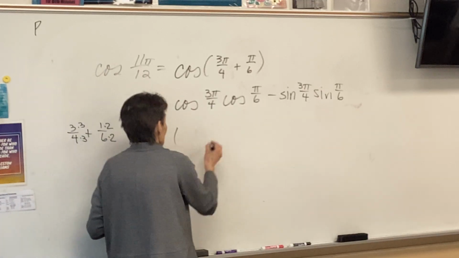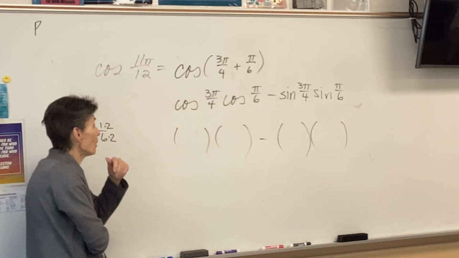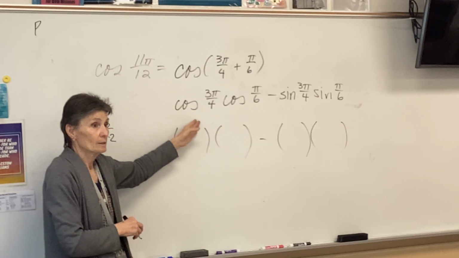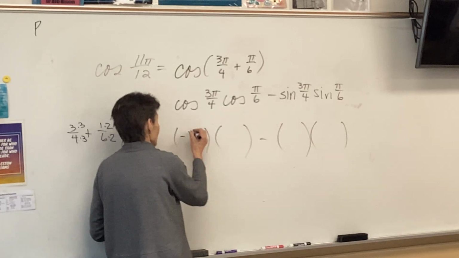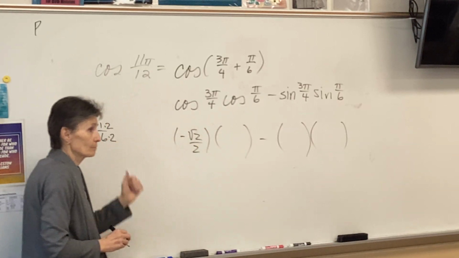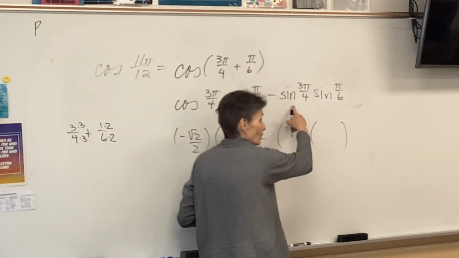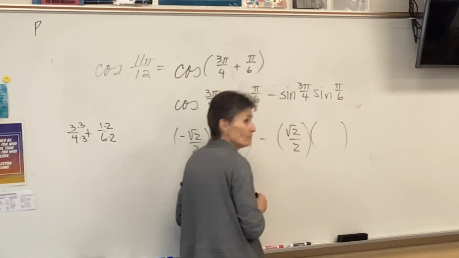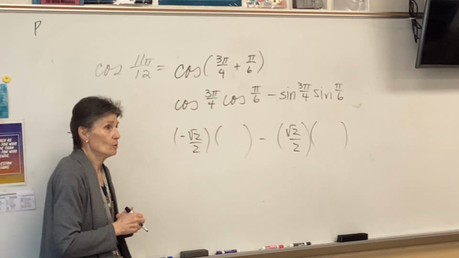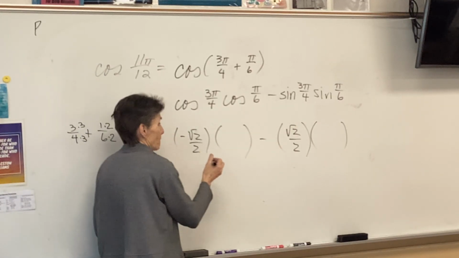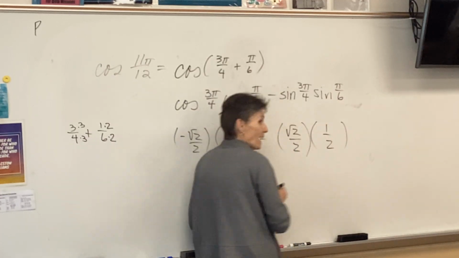All right, now, let's plug them in. Do we know the cosine of 3 pi over 4? Heck yeah, we do. It's negative root 2 over 2. What's the sine of 3 pi over 4? Positive root 2 over 2. Now what about the pi over 6? Cosine is root 3 over 2, good, and the sine is 1/2.